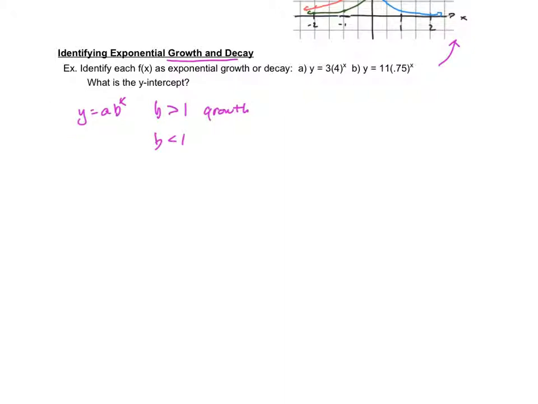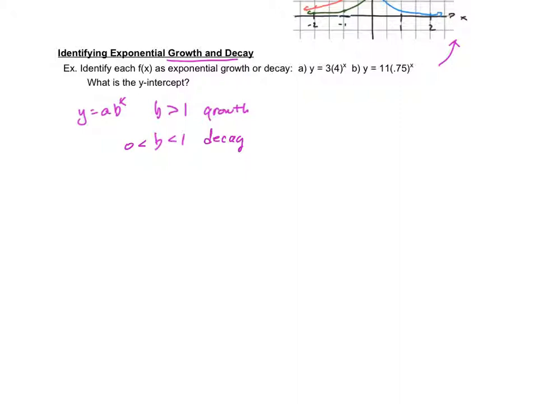If b is less than 1 but greater than 0, then we have decay. And if b was equal to 1, we'd actually just have a constant line.